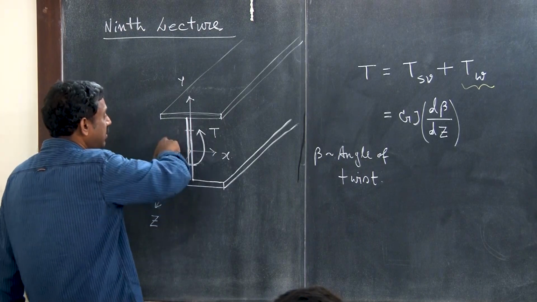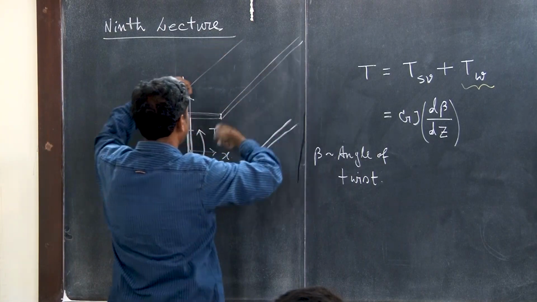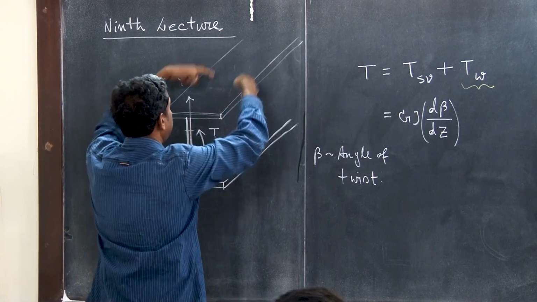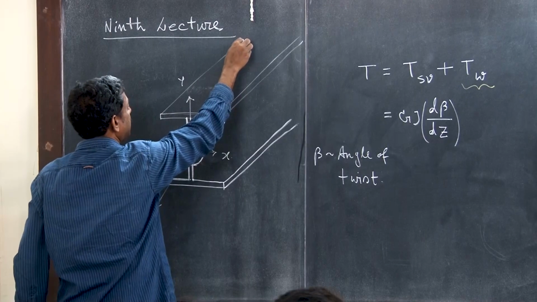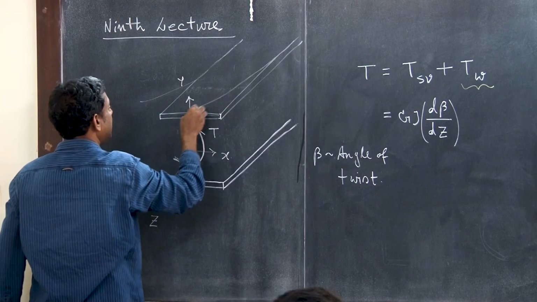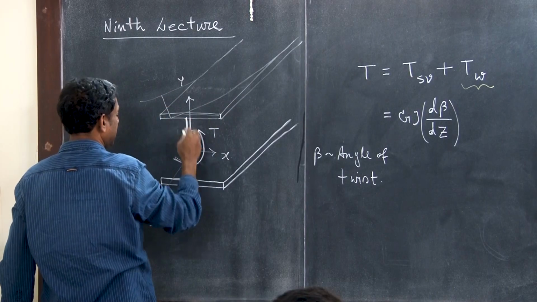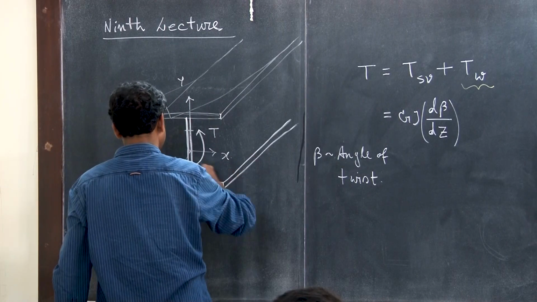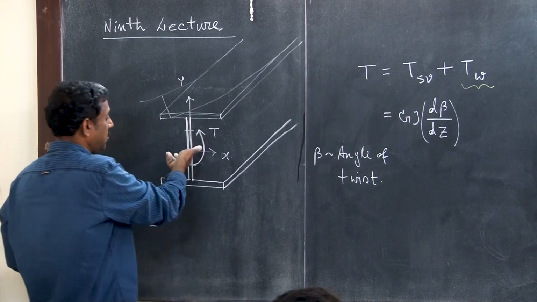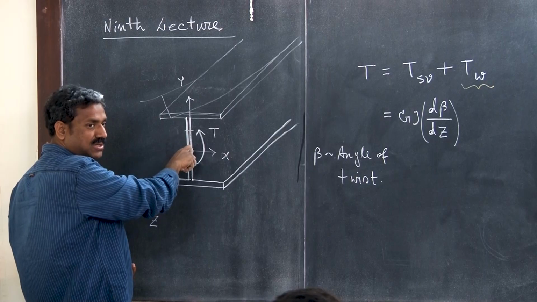So when you are twisting it, this cross section may bend like this, and the sense of bending in this flange will be different from the other. You understand what I am trying to tell you, right? Because when it is twisted, it will be twisted.